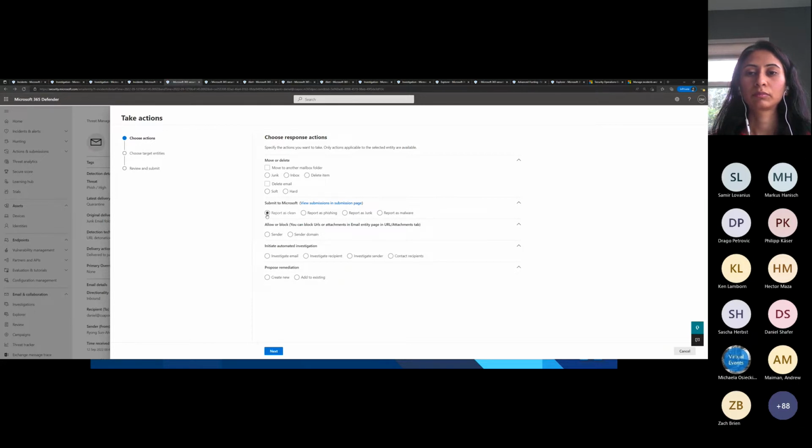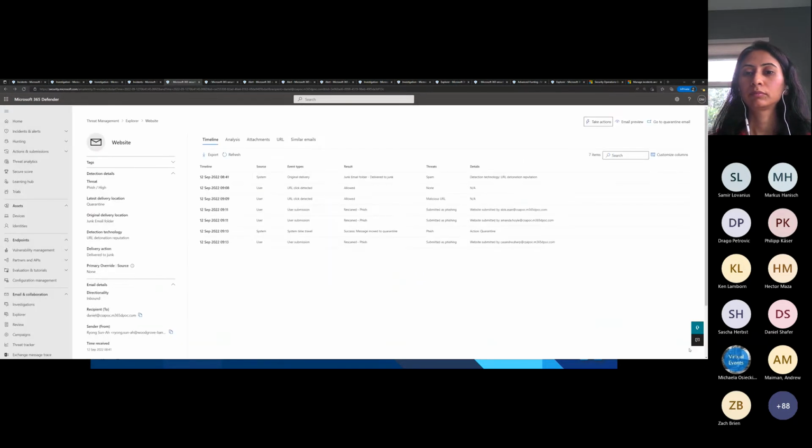Most of the time, you not only want to clean up the email, but you also probably want to report it to Microsoft if it's a false positive or false negative, or block the sender. So block IOCs, senders, URLs, attachments. We'll keep extending it. Right now it's sender and sender domain, but more will come in the future. We plan to invest in this area. Or you can trigger an investigation. If there was no investigation finding this email you're investigating, you can just trigger your own, and it will run that playbook for you to find more emails, which is familiar.